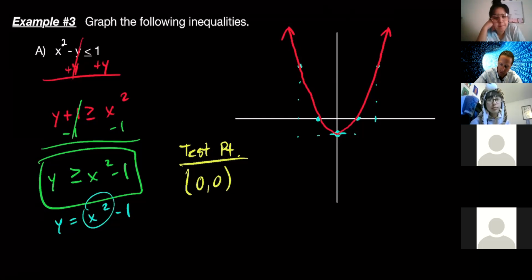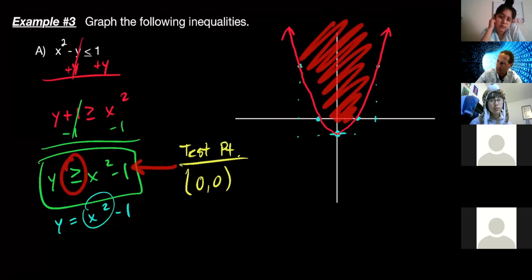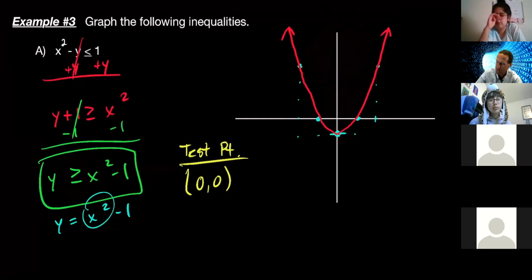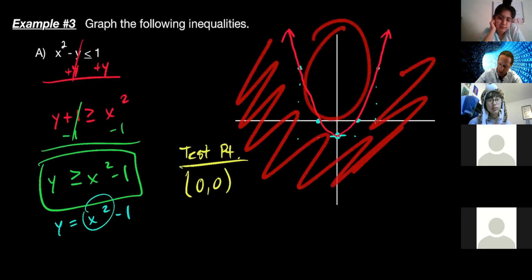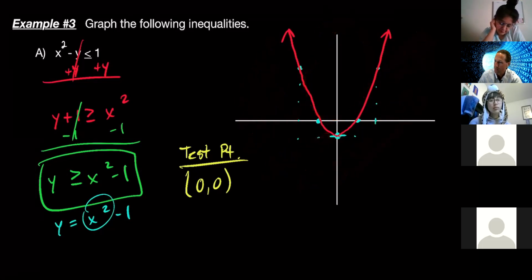And if it comes out true, then not only is that a solution, so is everything else in that area. If it comes out false, where this is not a true statement, then this was not a solution, which means nothing in here will be, so everything out here will therefore be.